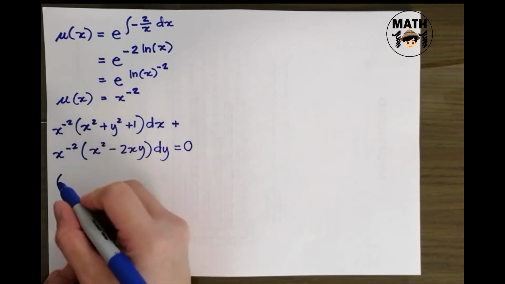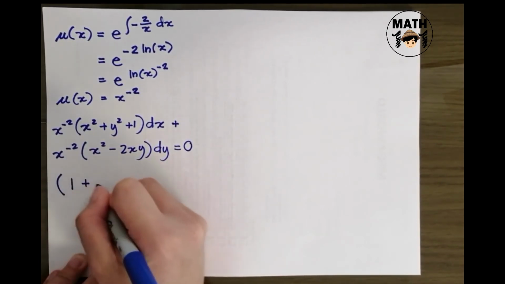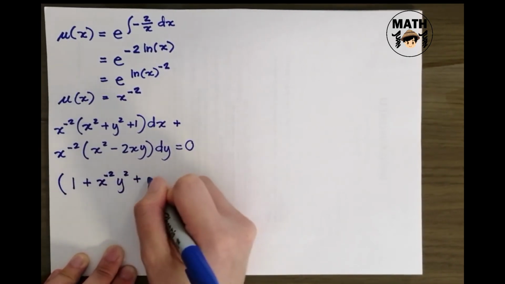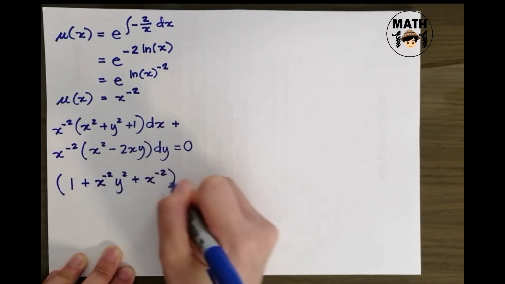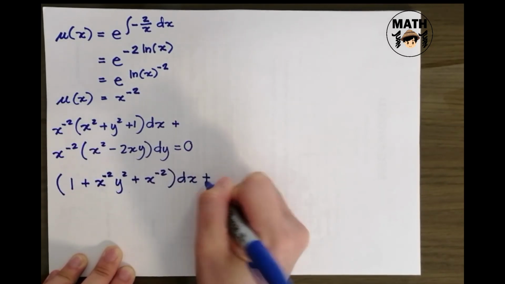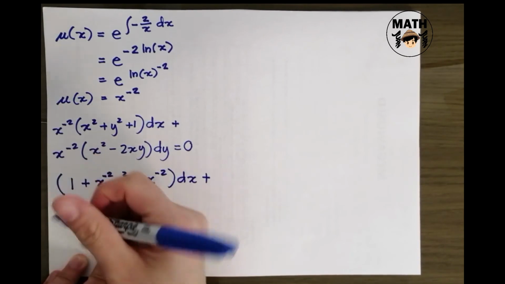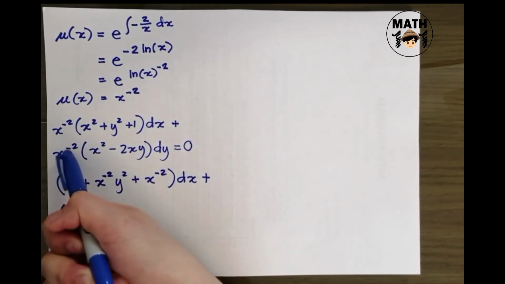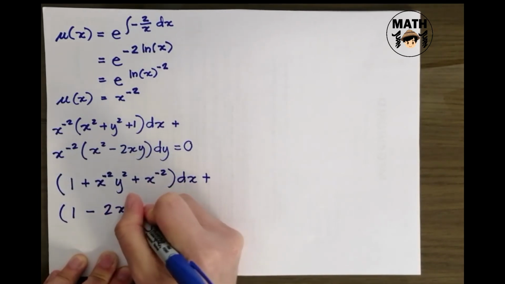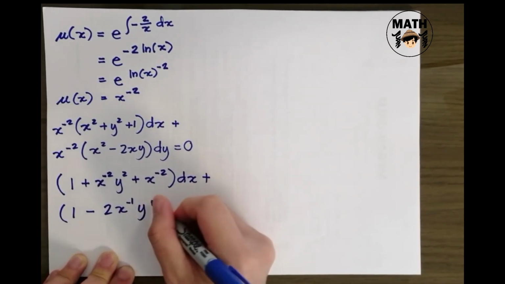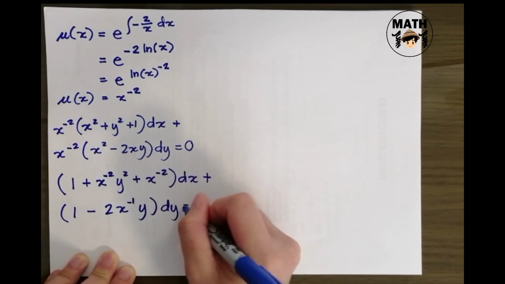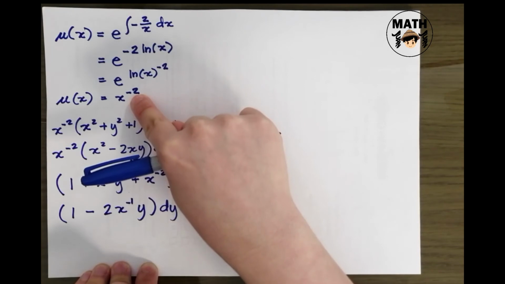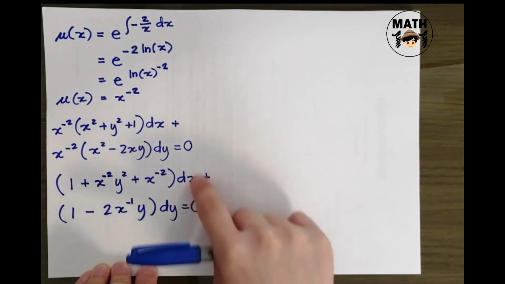X raised to negative 2 times x squared is 1 plus x raised to negative 2 y squared plus x raised to negative 2 dx plus, this is again 1, minus 2 x raised to negative 2 plus 1, that is negative 1 times y dy equals 0. In-expect natin na after natin i-multiply yung integrating factor sa original equation, this should now be exact.